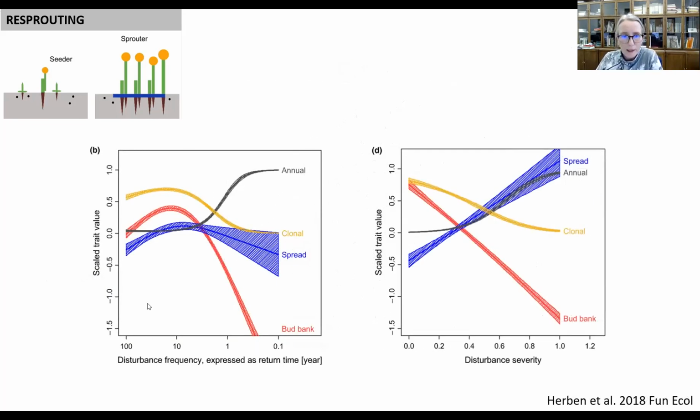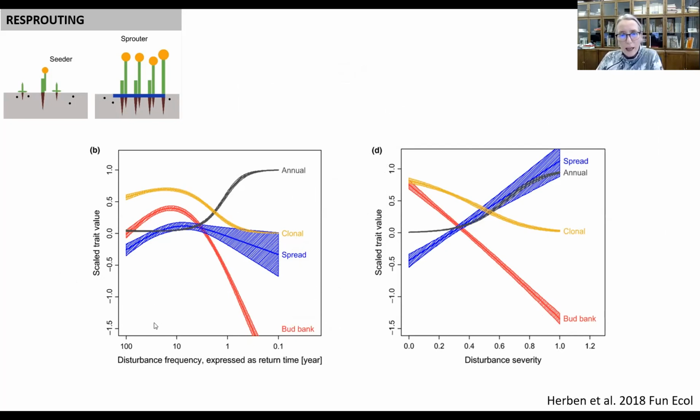And we use these indices for individual species to analyze plant traits. What we have here, this is disturbance frequency as return time, so it is once per year, once severe disturbance per 100 years. Here you can expect something like arable land, and here you can expect something like forest.